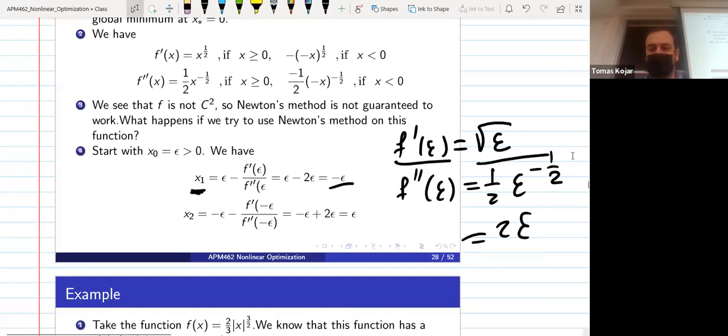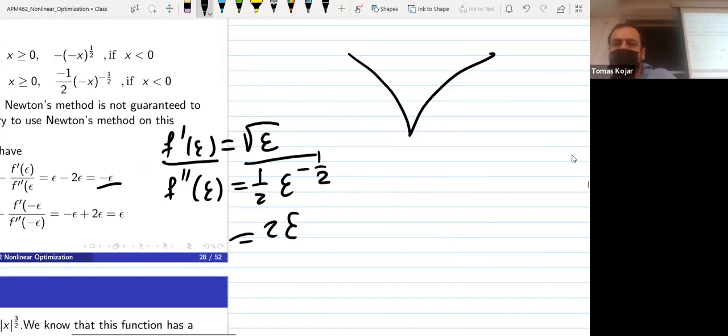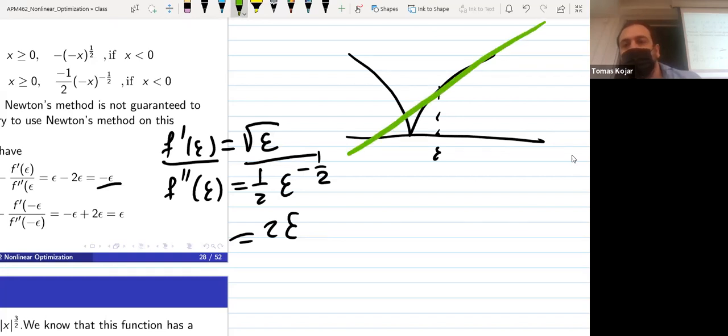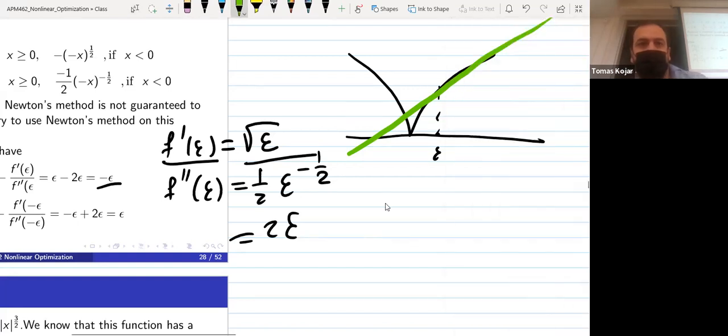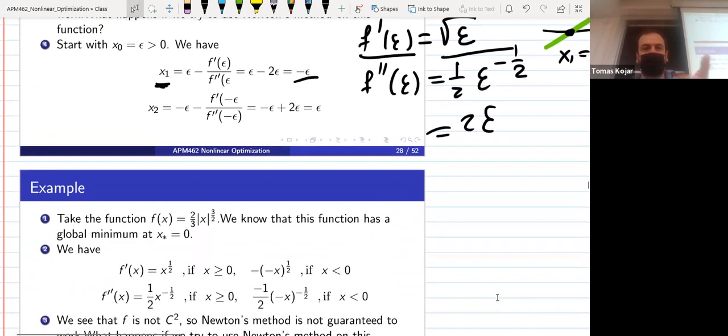So let me draw the picture. So the picture is like this. And this is epsilon. And the intercept went like this. It hit at x1 equal to minus epsilon. Okay? So you overshoot. Then you do it again with x2. I'm not gonna do the same thing. It's different.